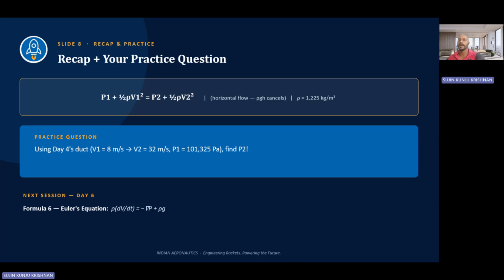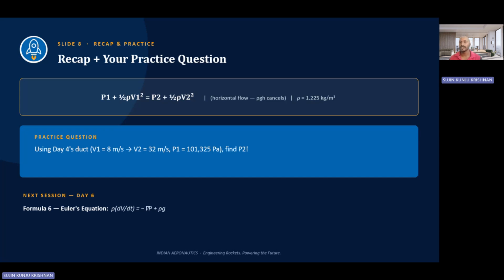Now let's recap. P plus 1/2 rho V squared plus rho gh equals a constant. That's the conservation of energy along a streamline. For horizontal incompressible flow, it simplifies to P1 plus 1/2 rho V1 squared equals P2 plus 1/2 rho V2 squared. Faster flow means lower pressure.